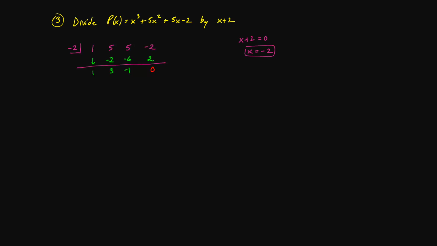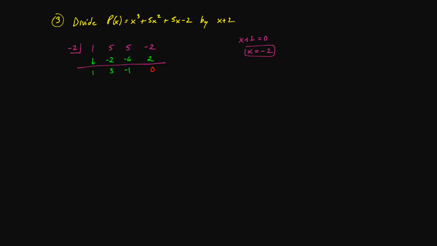Well, what does that mean? What does that entail? Simply put, this means that if x plus 2 gets a remainder of 0, x plus 2 is a factor of this function, giving you 2 factors, and if we write out all these terms, to yield a product of this.